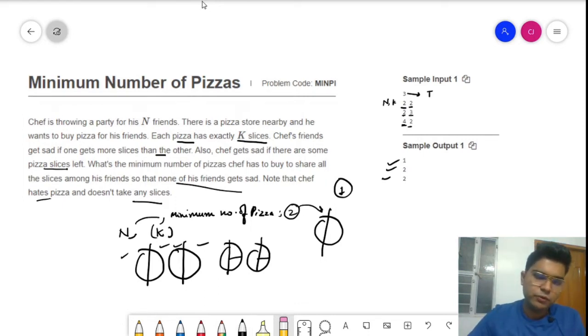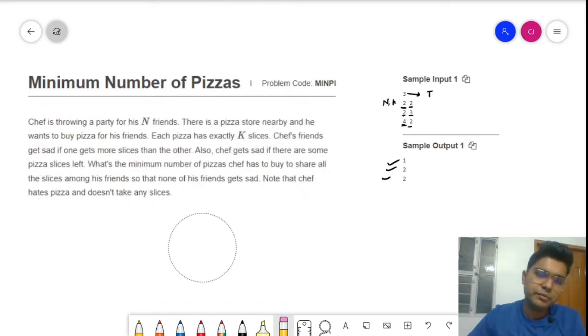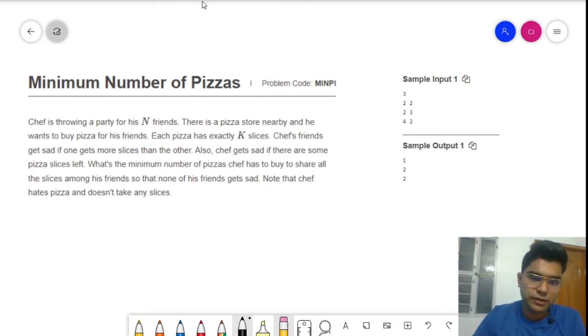Now let us move towards the simplification of the problem statement, because if we get a simplified version of the problem statement, it works in many cases and we are able to get the answer. So there are n friends and each pizza has k slices. That's all we know, and we want to find the minimum number of pizzas.